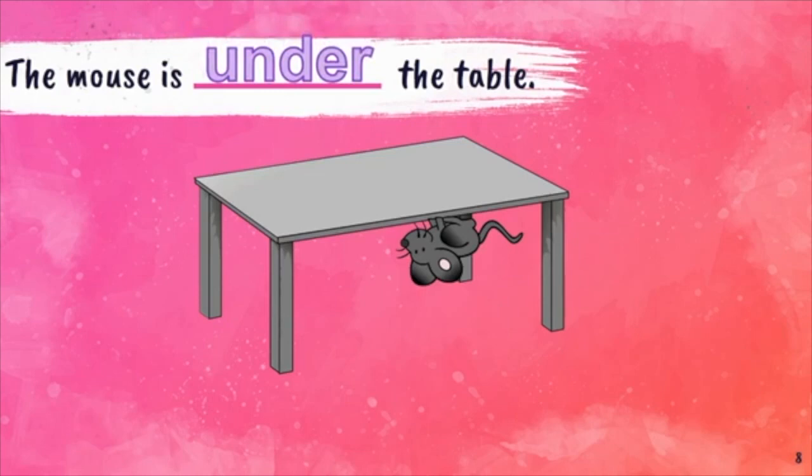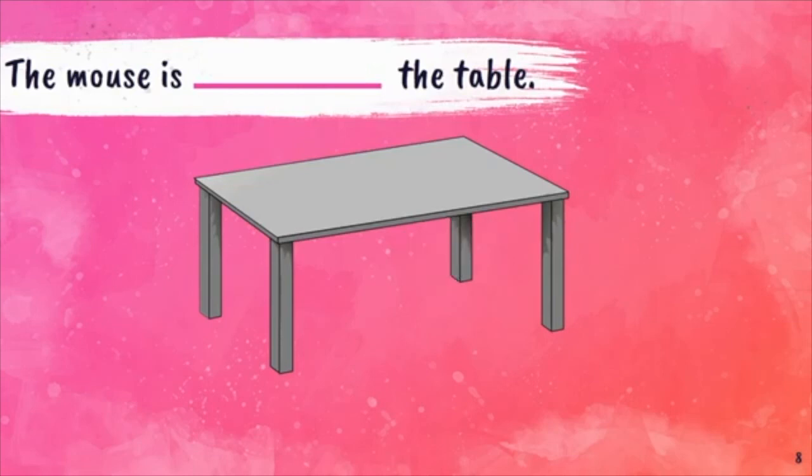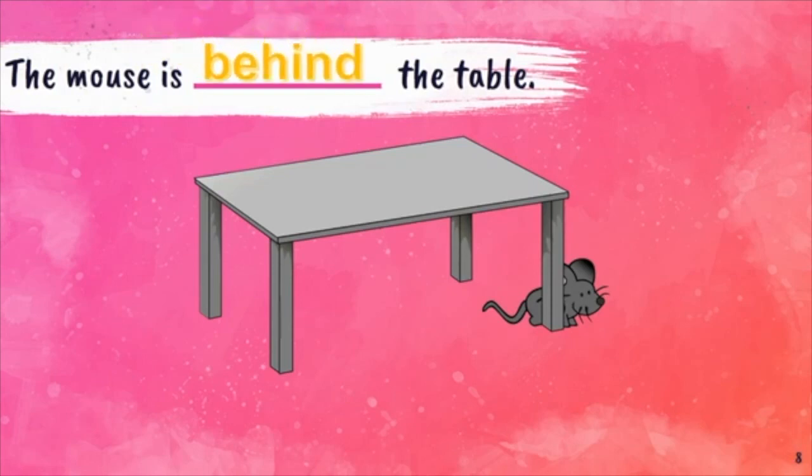Way to go, boys and girls. Let's try another one. Can you spot the mouse? Awesome! The mouse is behind the table. Your brains are percolating today. Let's try another one.